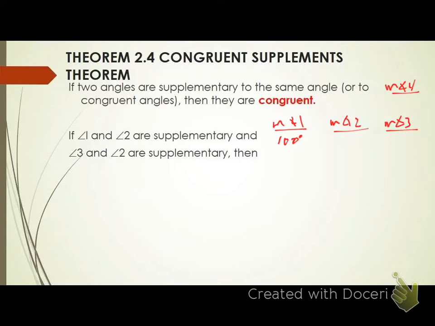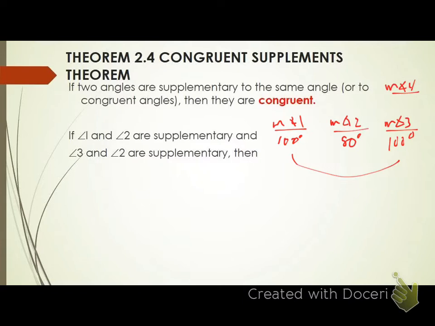You've got to add to 180. What if we also know that angle 2 and angle 3 are supplementary? Then what's the measure of angle 3 got to be? 100. Now look at angle 1 and angle 3. Since these guys were supplementary to the exact same angle, they're going to have the same measure, and then we can say that they're congruent. That's what this theorem is saying, which is fairly obvious.